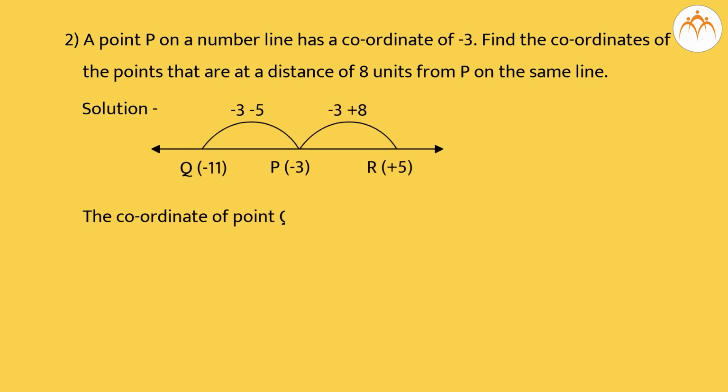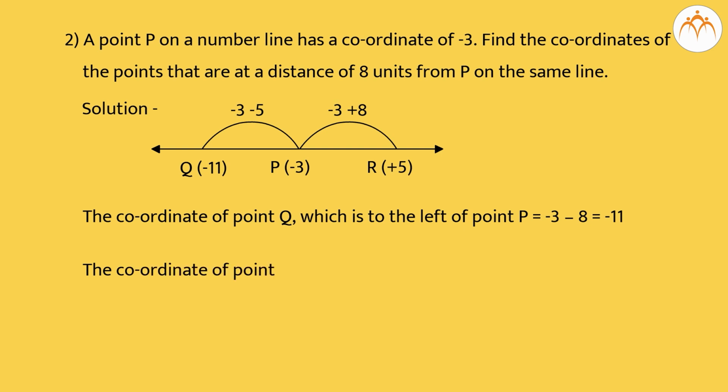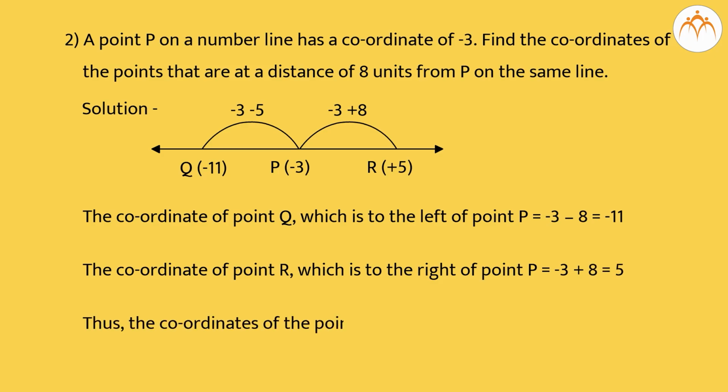The coordinate of point Q, which is to the left of point P, is equal to -3 minus 8 is equal to -11. The coordinate of point R, which is to the right of point P, is equal to -3 plus 8 is equal to 5. Thus, the coordinates of the points that are at a distance of 8 units from P are -11 and 5.